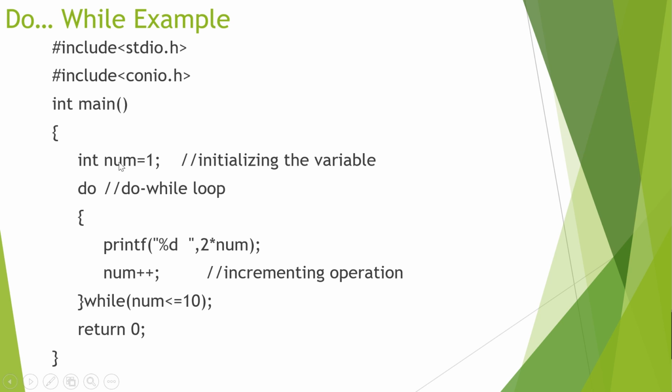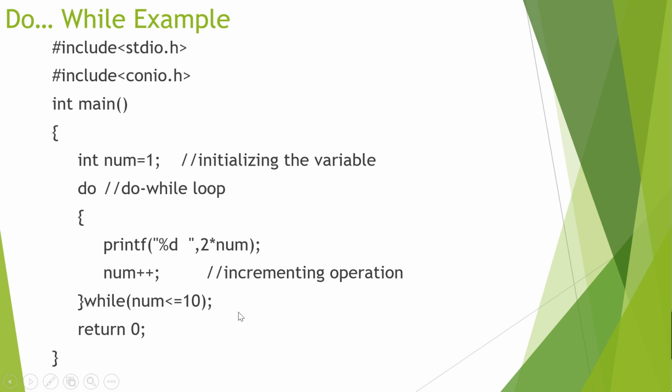Header files, main. Now num is initialized with 1, do. These statements, regardless of what the condition is, will be executed, and later on the condition will be checked. Okay, so if the condition is false, these statements will still get executed, but here the condition is true.